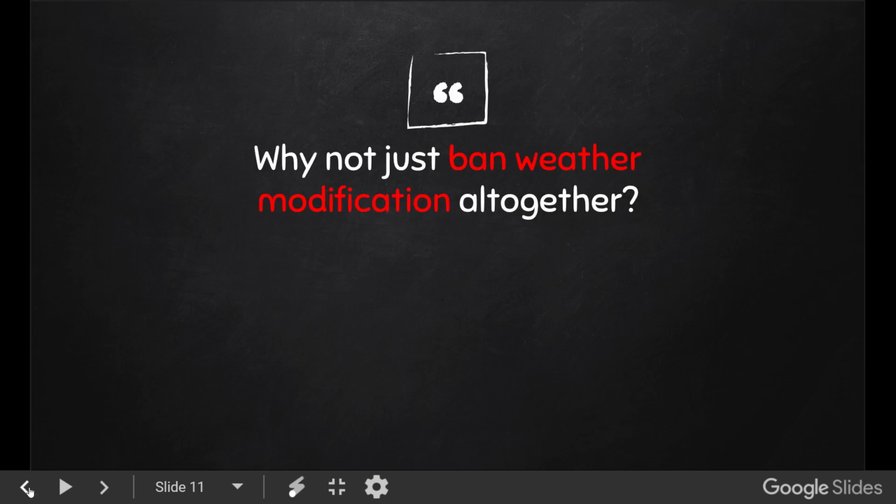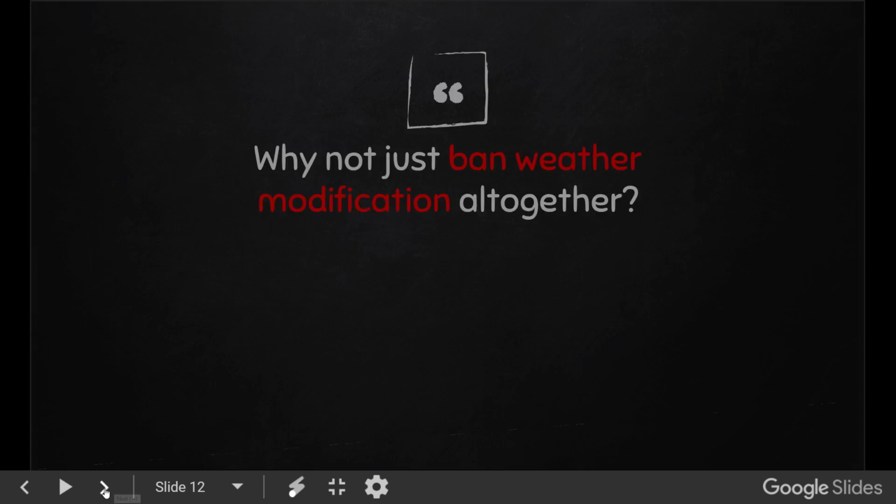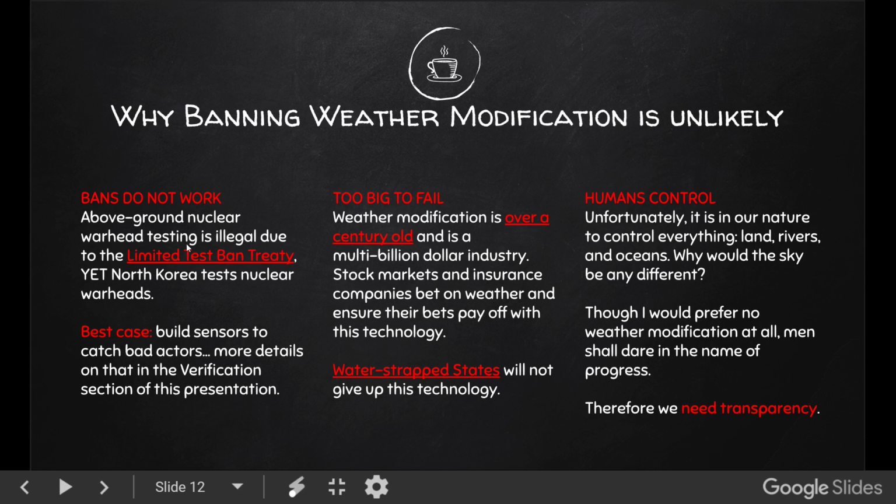Why not ban weather modification altogether? Bans do not work. As you can see, nuclear explosions are banned, but North Korea does it all the time. Best case, build sensors to catch bad actors. In the case of the nuclear ban, they created the Comprehensive Test Ban Treaty Organization, which created an international monitoring system, which has seismographs, infrasound recorders, and all that.